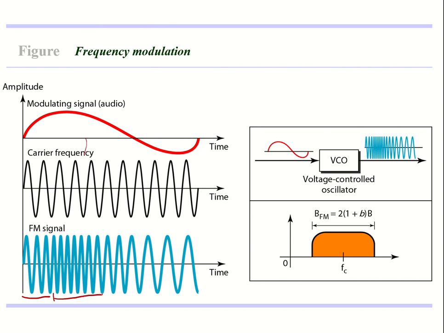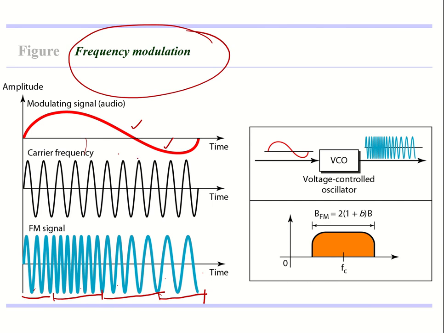In this region you get high frequency, again a low frequency, and again an even lower frequency. As the amplitude of the modulating signal changes, the frequency of the carrier signal changes, and that gives us frequency modulation.